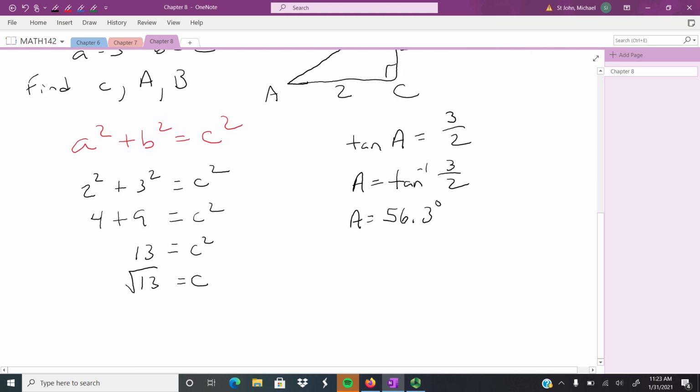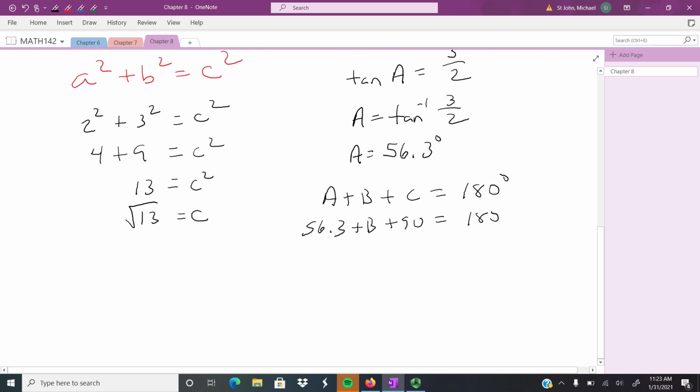Well, in a triangle, we know that angle A plus angle B plus angle C has to be 180 degrees. So we know A, we know C, and so 56.3 plus B plus 90 equals 180. 146.3 plus B equals 180.